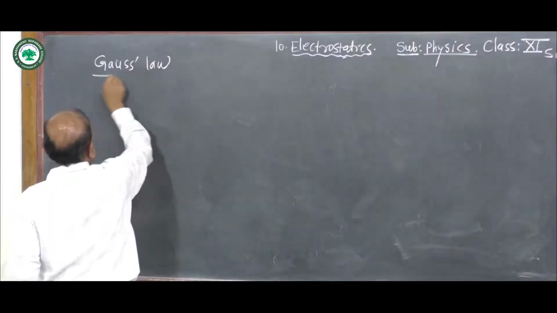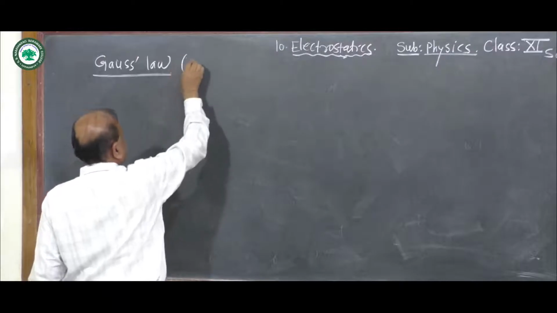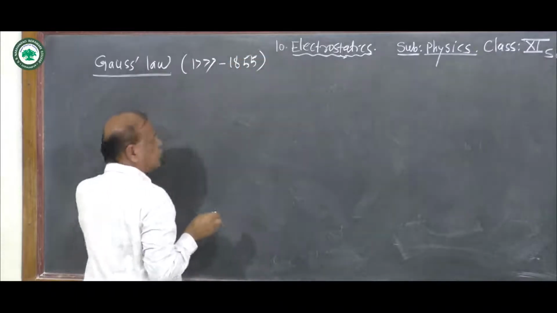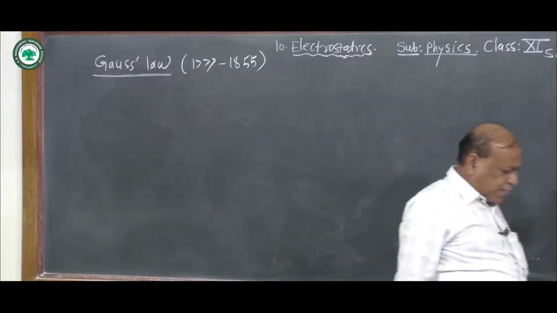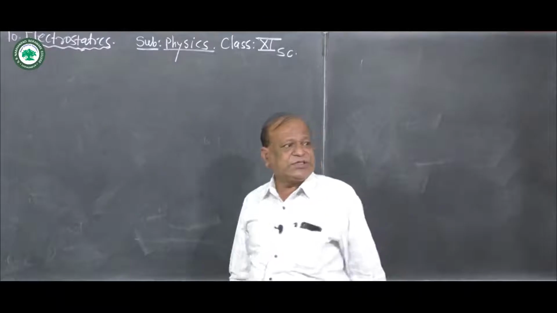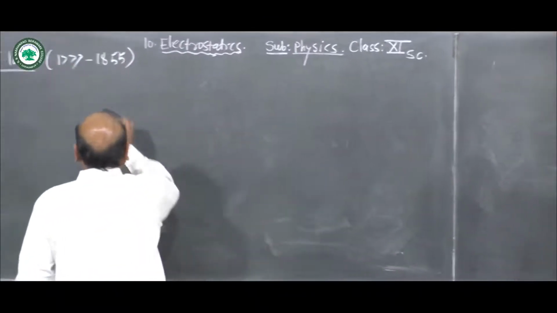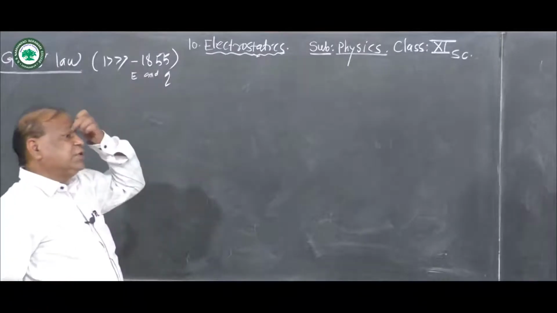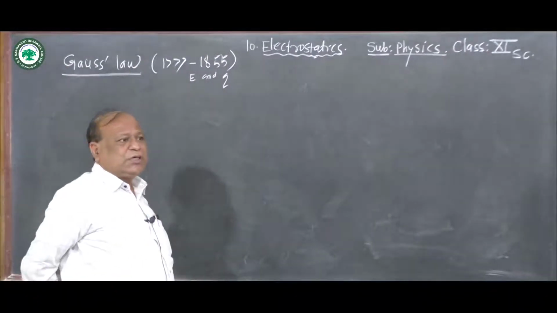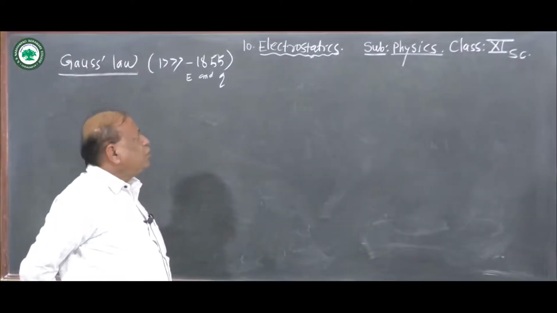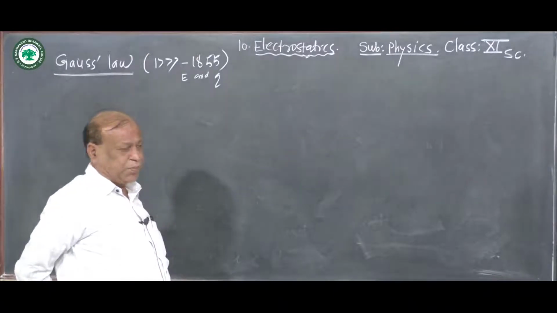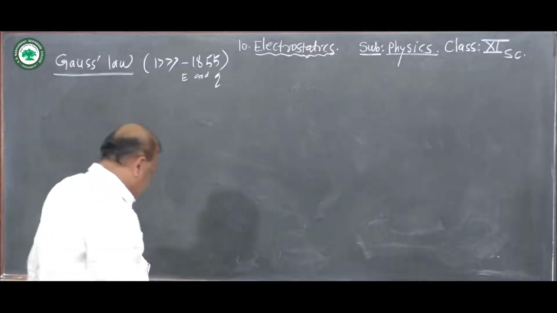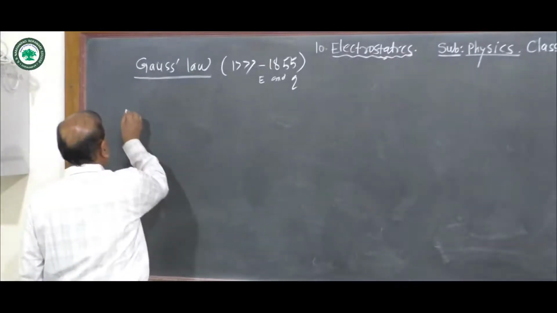The scientist Gauss, who lived from 1707 to 1855, obtained the mathematical relationship between electric field E and electric charge Q, which is known as Gauss Law or Gauss Theorem in electrostatics. See the statement of this Gauss Law.